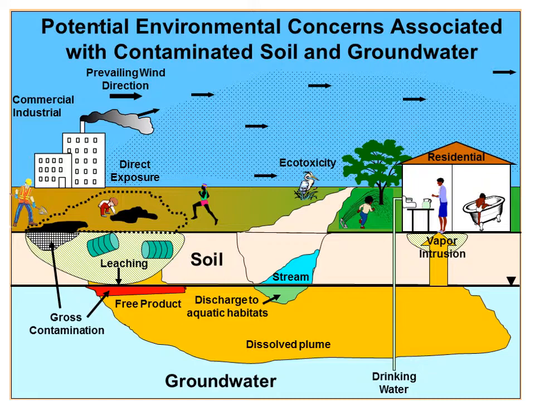Also a big issue in Hawaii and in any area that's shoreline or adjacent to rivers or streams is discharges of contaminated groundwater into aquatic habitats and potential impacts to aquatic life. Also, the aquatic habitats could be a source of drinking water, so you have impacts to potential drinking water also.